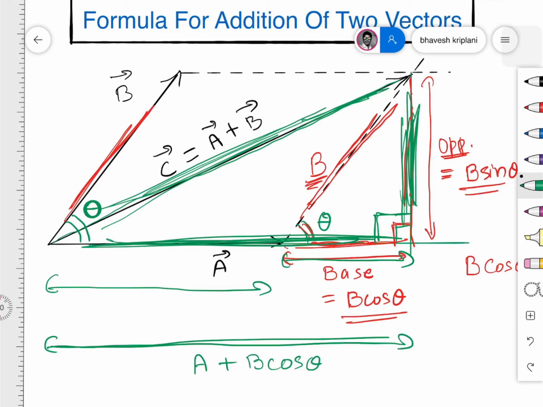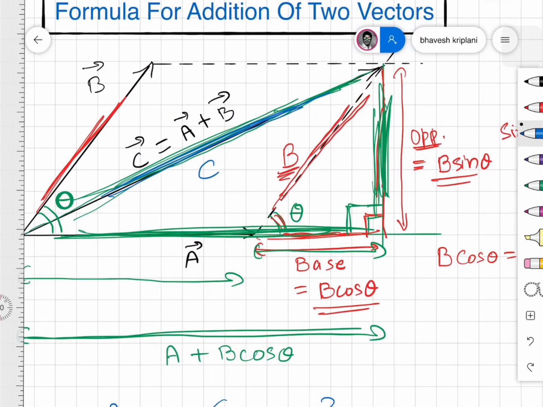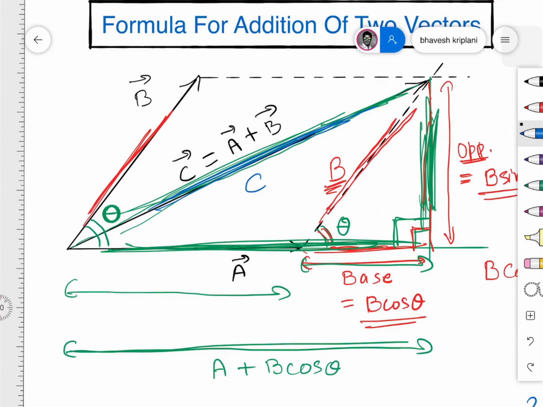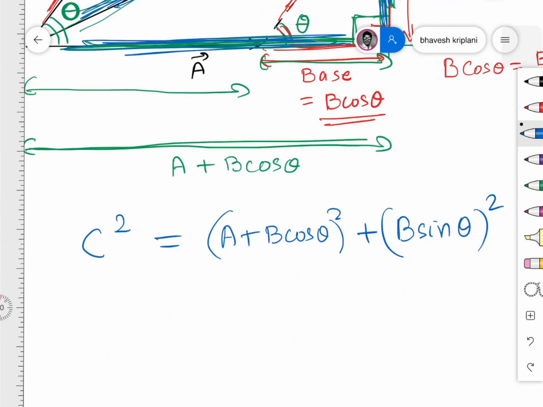So if this length is equal to C, then we could say that applying Pythagoras theorem, C square is equal to (A plus B cos theta) whole square plus (B sin theta) whole square. This is the side C, this is the side B sin theta, and this is the side A plus B cos theta. So we get this equation.